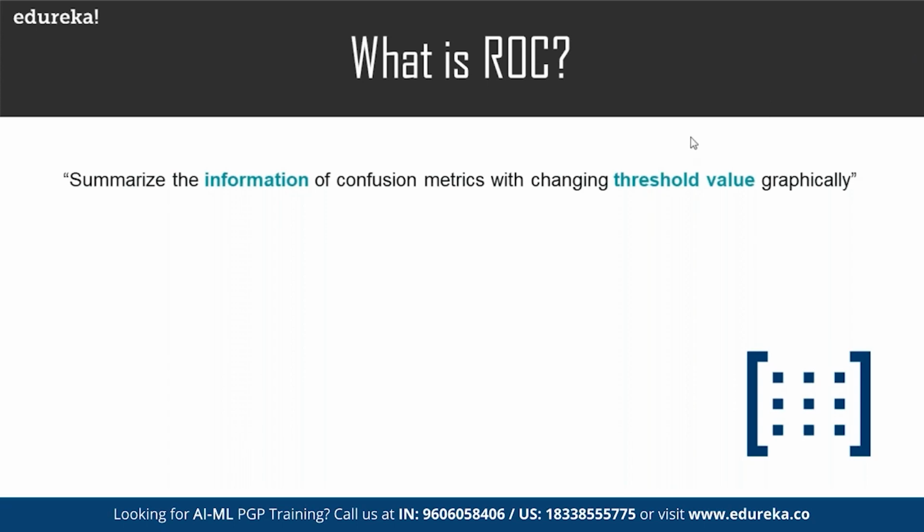This is important. A threshold value is a minimum value, and that is where we choose the right parameters. Upon choosing the right metrics at that point, the threshold value in the curve forms a curve, as I'm talking about, of true positive rate, TPR, versus false positive rate, FPR.